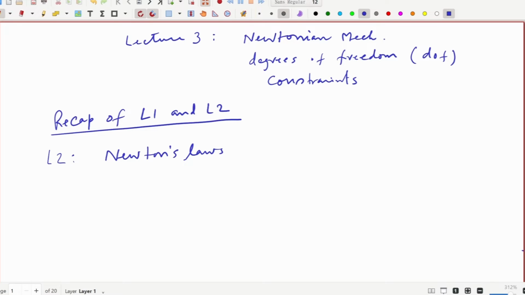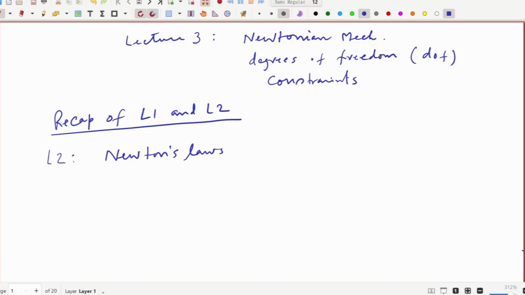So, let us start where we ended last time, that is how one can know about a classical system by using Newton's law. As I already mentioned, one needs to calculate the force on individual particles.